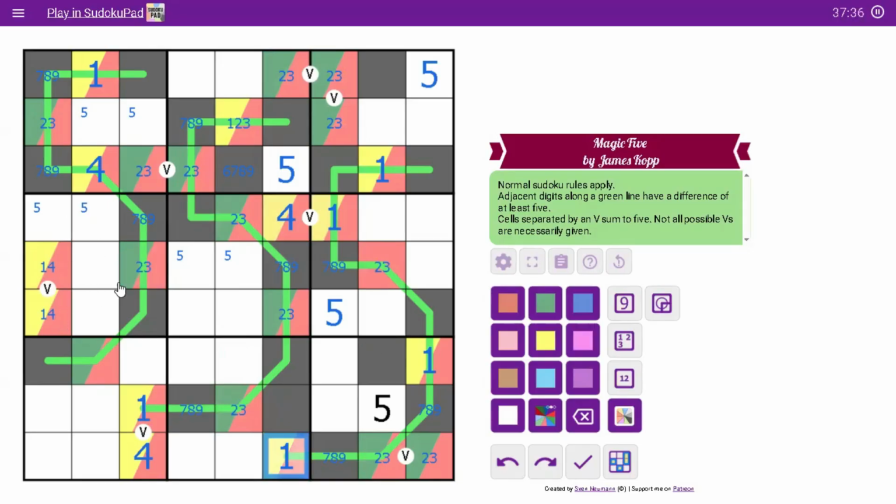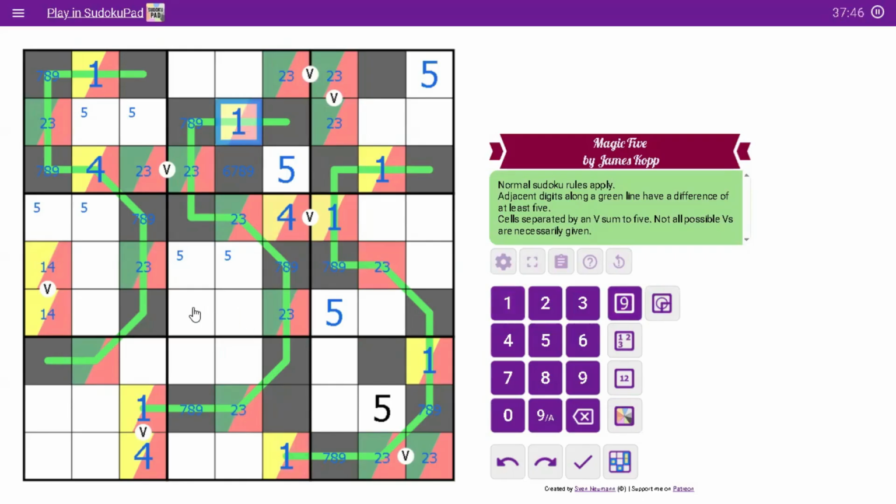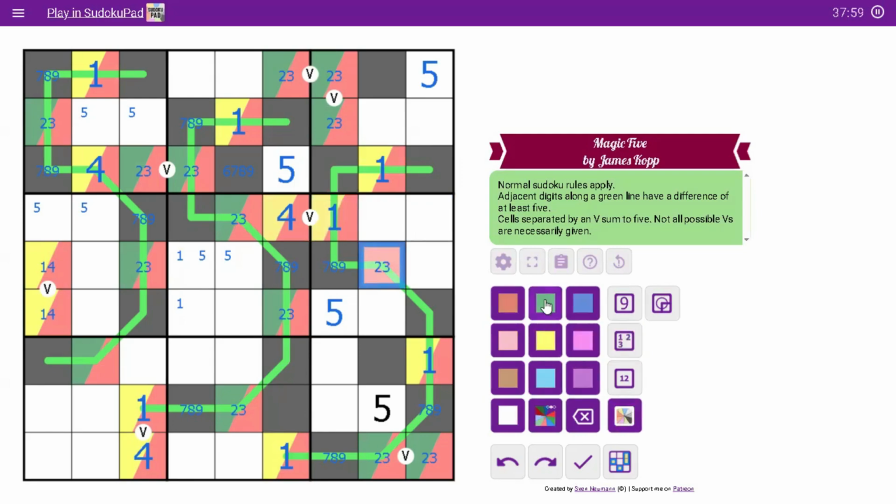What else? Okay. Well, this is the yellow, so it is a one. Just putting a one in one of these two. The four. Oh, this is a 2-3, so it's green.